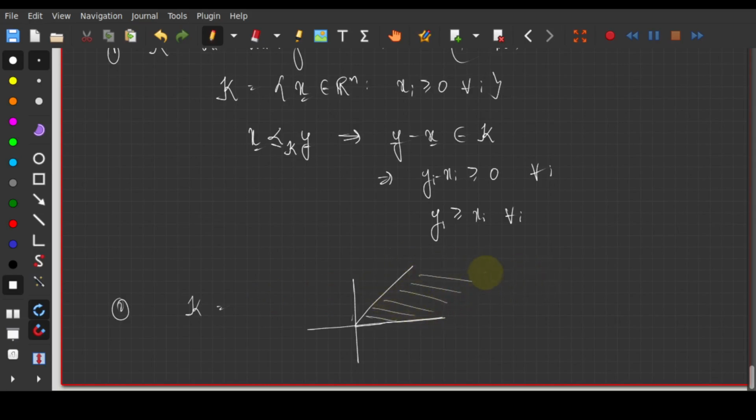And how is this cone defined? The cone K is the set of all (x, y) such that, let's say, x is greater than or equal to 0 and y is less than or equal to x.